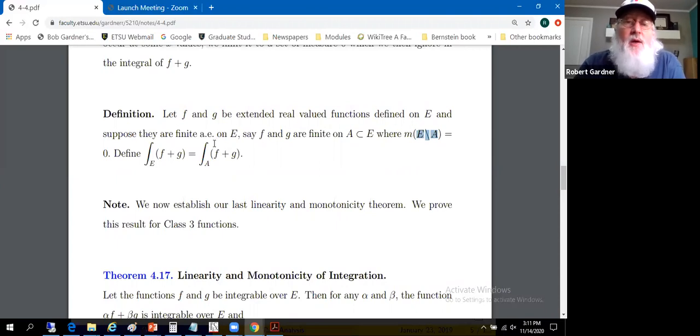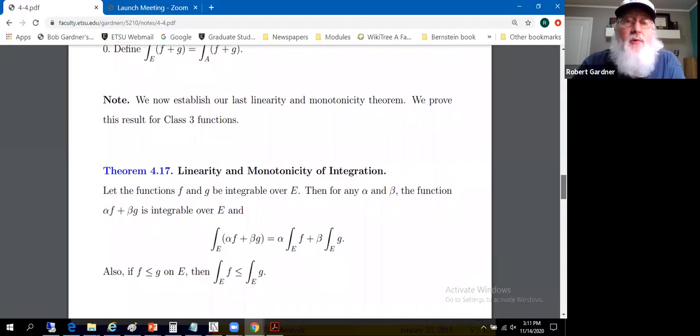So we're requiring, when we do this type of summation, that f and g be finite almost everywhere. So we can take all of the infinity values for f and g and throw them into a bad set. The complement of that set is set A, the good set. That bad set has measure 0 because of the almost everywhere part. So it's a little technical detail that allows us to throw away sets of measure 0, even when we deal with extended real valued functions and there are negatives floating around.